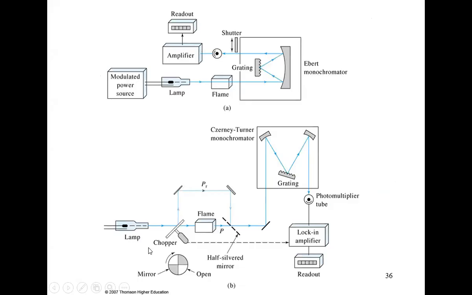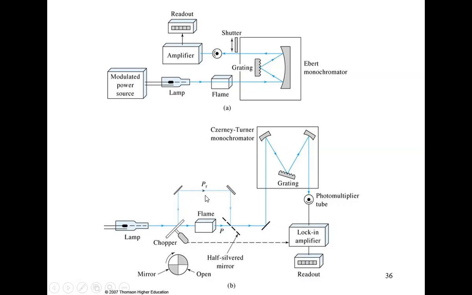Here is a diagram. So the first diagram here is what we saw earlier, in the last class. You have a lamp, you have a chopper here, then here is the reference power, PR. Here is the power that goes through the flame. And so we are saying here is a half silver mirror. You have a chopper here dividing the light into the two.